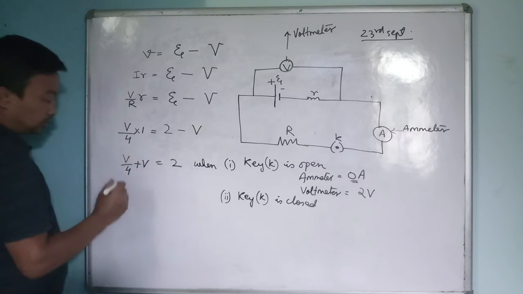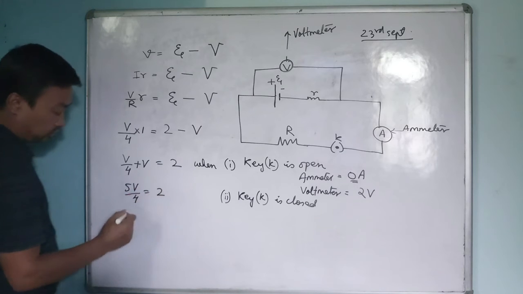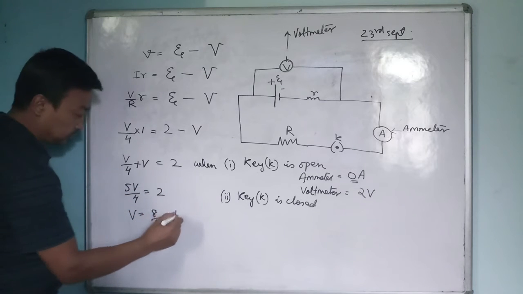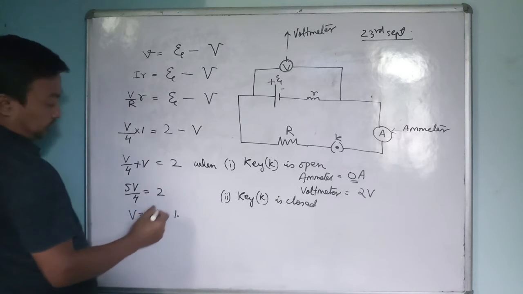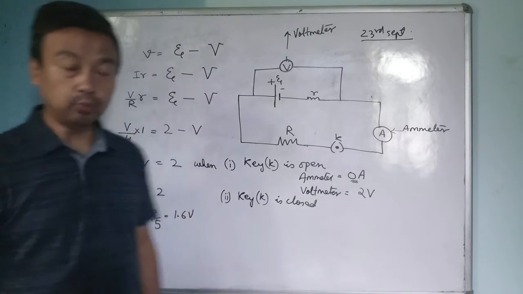If you take the LCM, you will get 5V by 4. So if you cross multiply, you will get 8 by 5, that is 1.6 volt.